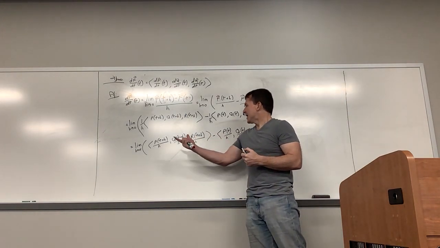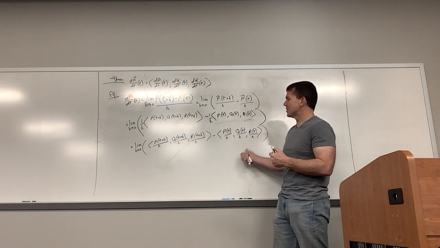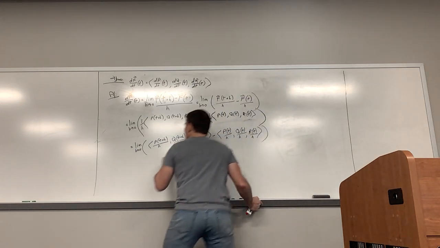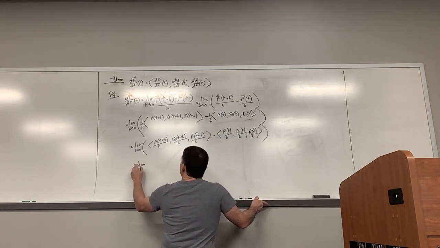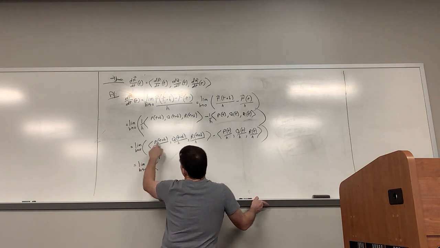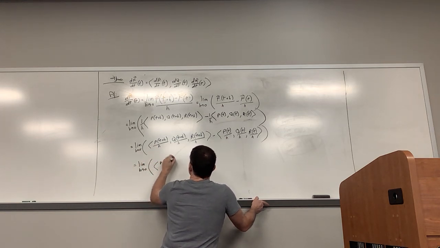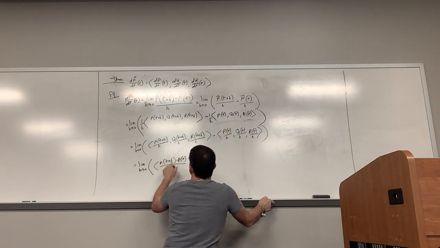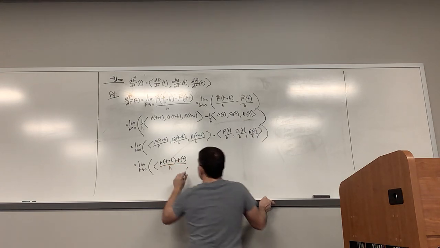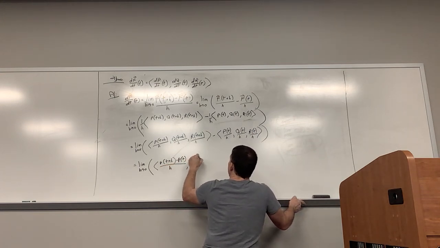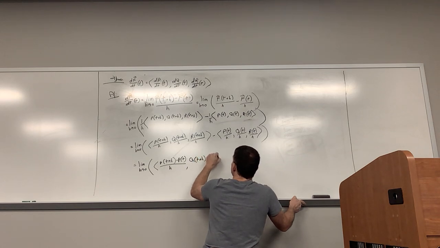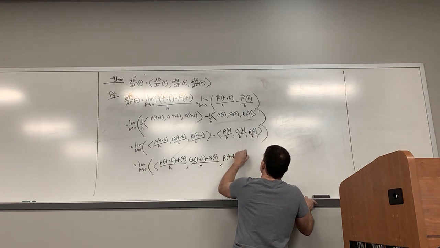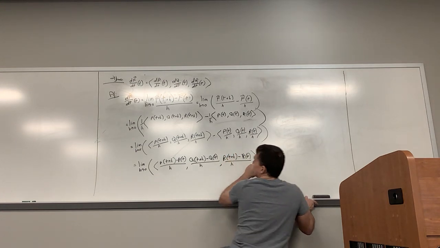But now, these are just difference of two vectors. So now I know to subtract vectors, I subtract component-wise, which means I can combine them and I get the limit as h approaches 0 of p of t plus h over h minus p of t over h. So I can write that as one difference over h. Same thing for q and r. So q of t plus h minus q of t over h. R of t plus h minus r of t over h.